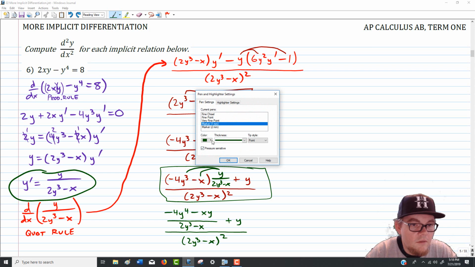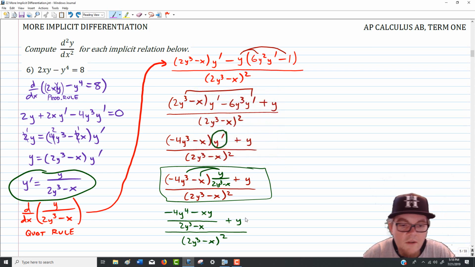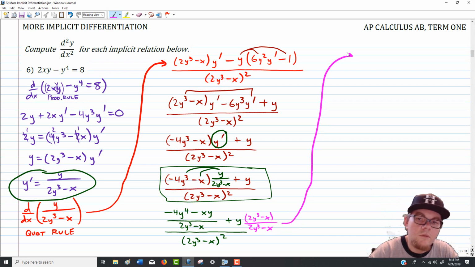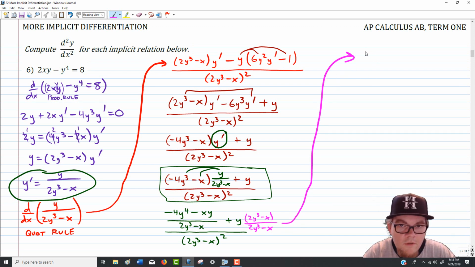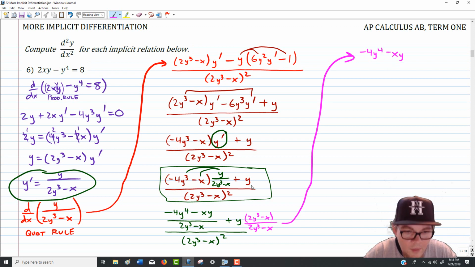So what I'm going to do, which is probably the ugliest move of the entire thing, is multiply up and down to get a common denominator by multiplying up and down by 2y cubed minus x. When I do, my numerator still has minus 4y to the fourth minus xy, but now our right side, which will have the same denominator, is going to be plus 2y to the fourth minus xy.